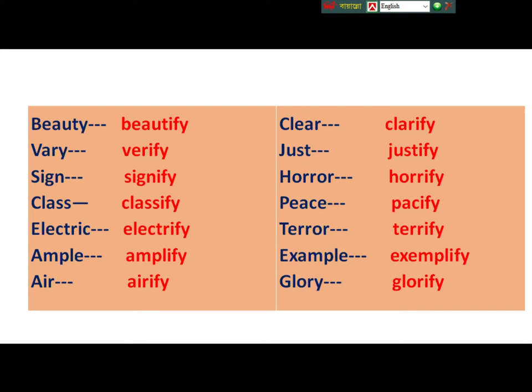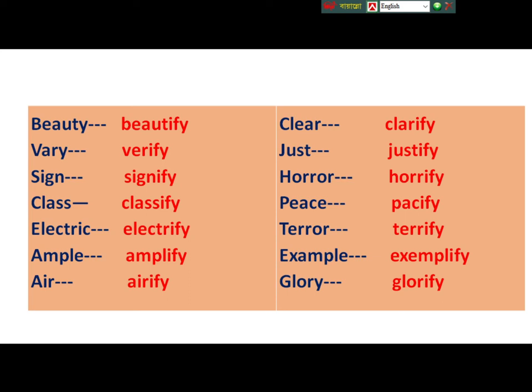Next, sign, signify, class, classify, electric, electrify, ample, amplify, air, airify, clear, clarify. Spelling will be different. Just, justify, horror, horrify, peace, pacify.